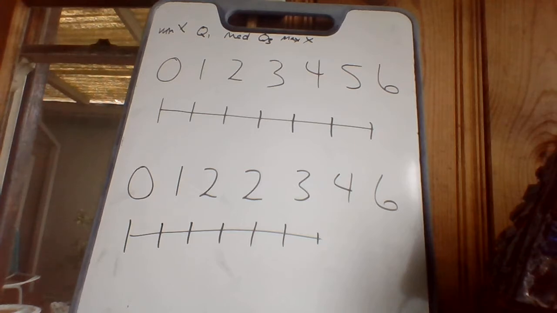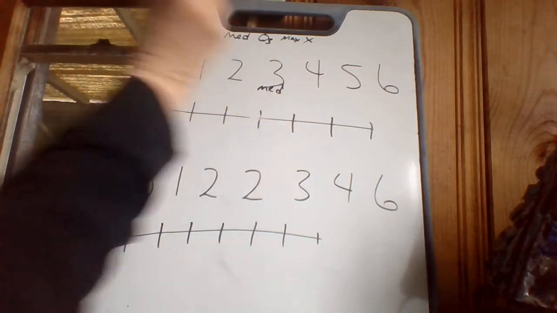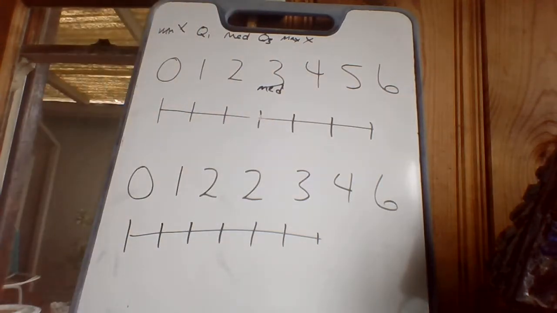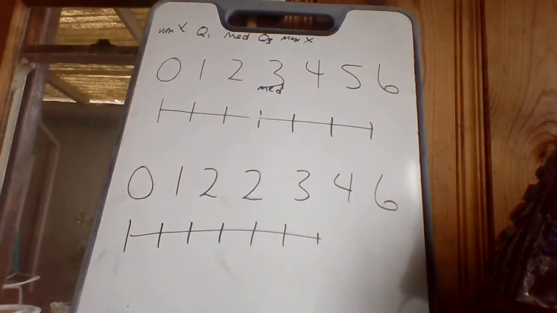But the whole reason why these have 7 things in them is just so we can look at what it means. All right, the median is the exact middle one. And I know that's the exact middle one because there's 3 over here and 3 over here.